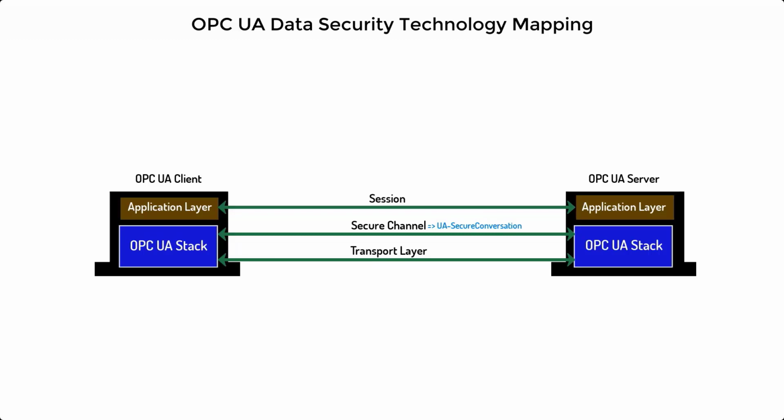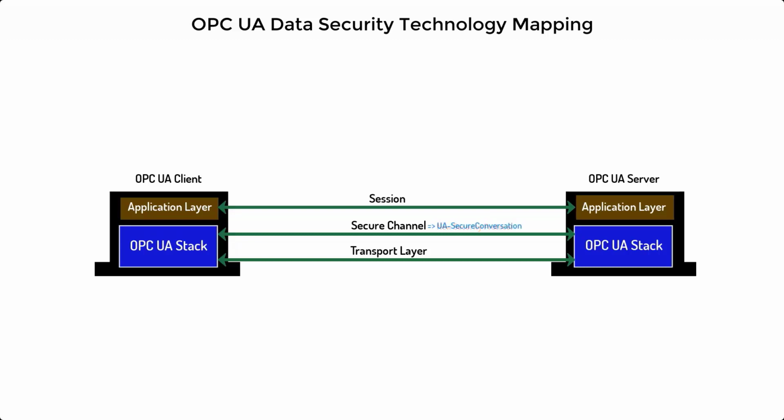Now, because of this layered architecture, OPC UA message security is decoupled from message transportation. And the advantages of that are, for example, when a new security protocol comes into play and UA-SecureConversation is no longer needed, it can be simply replaced without having to change the transportation mechanism.